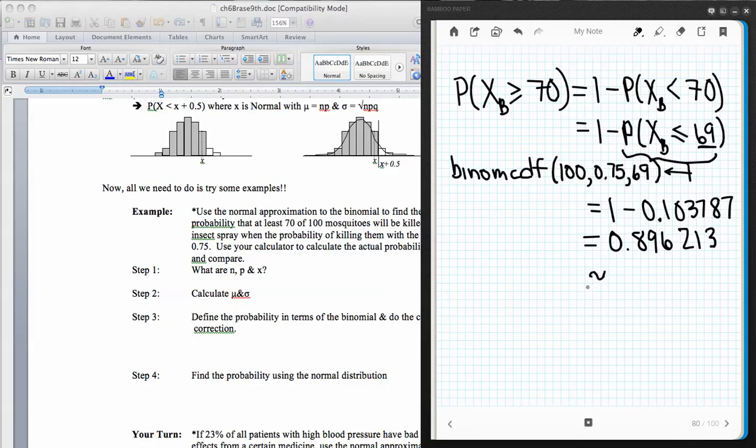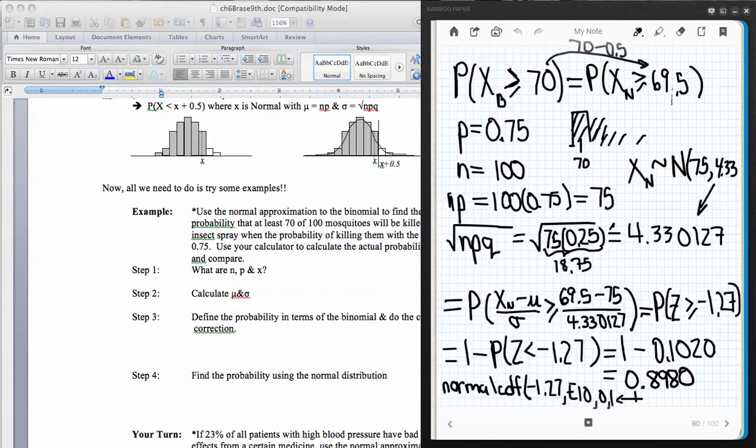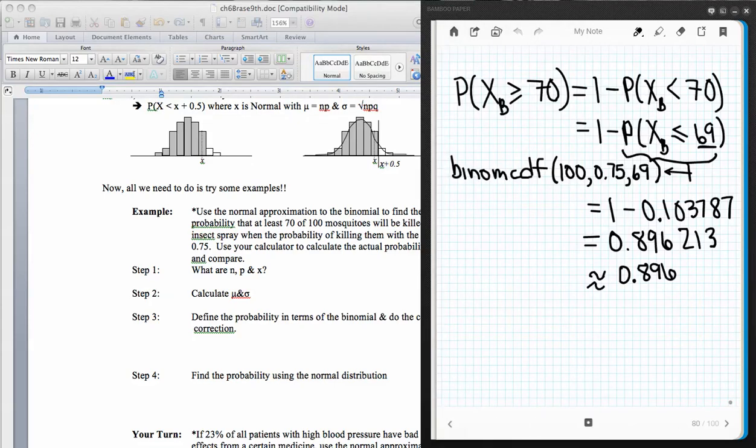So when I round it off to 0.896, where I would normally round probabilities, then I could compare that to my probability with the normal approximation. My approximation said it's 0.898, so it's 2/1000ths off. That's not too bad considering the time that it would have saved me had I not had a calculator that could just go boop, boop, boop, boop, and there I go.